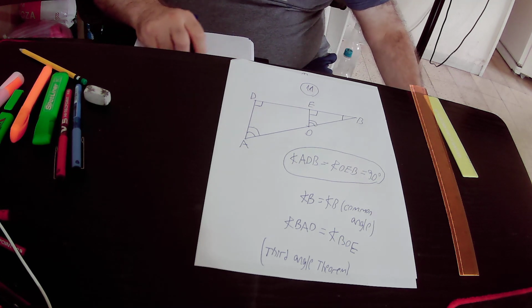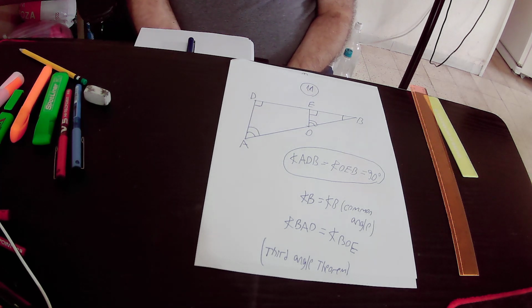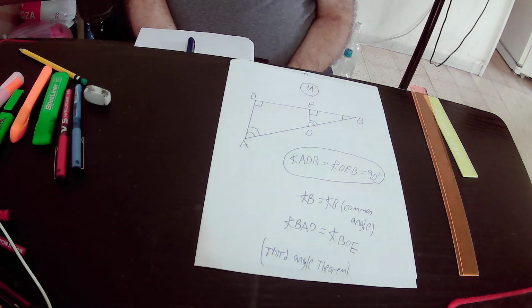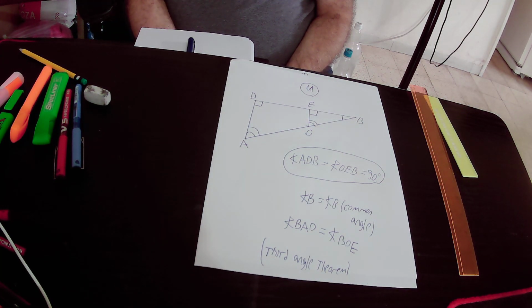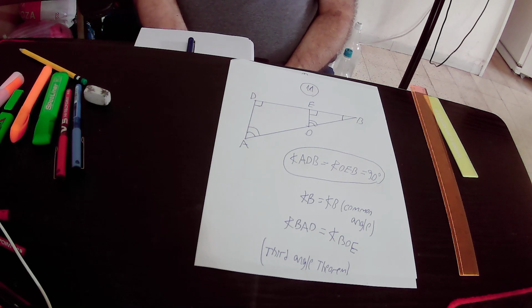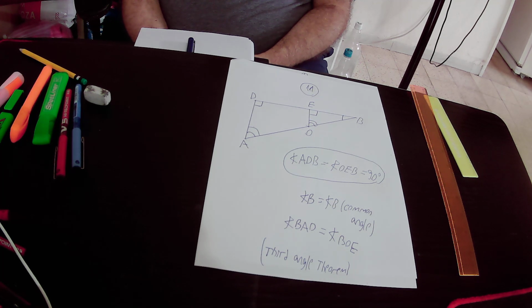Third angle theorem states that if you have two triangles that have two equal angles, then the third pair of angles also must be equal in those two triangles, because the third pair of angles completes the sum of the angles in the triangles to 180 degrees.